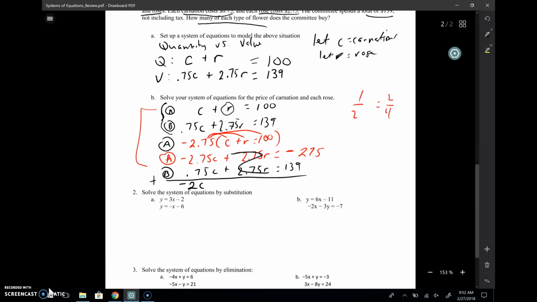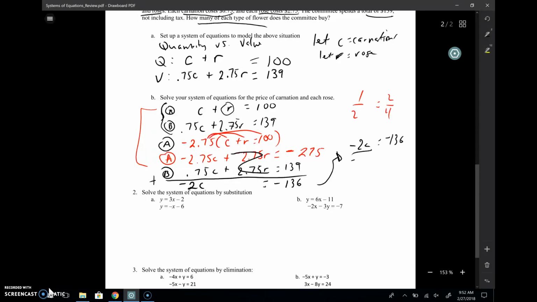And that R zeroes out. It is equal to negative 275 plus positive 139, which is equal to negative 136. So right now I have negative 2C is equal to negative 136.